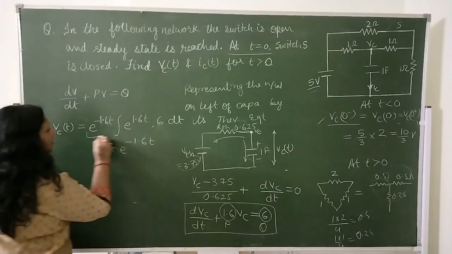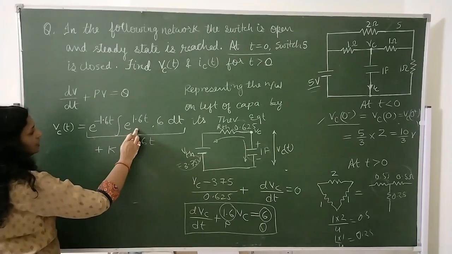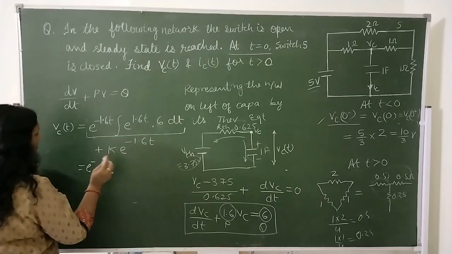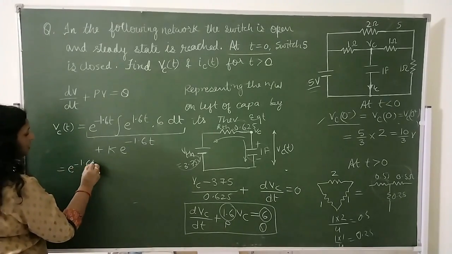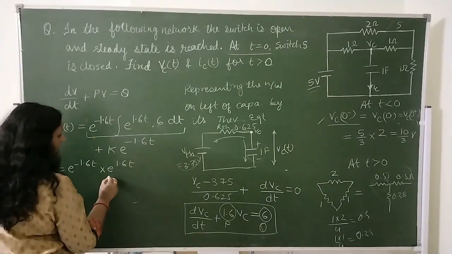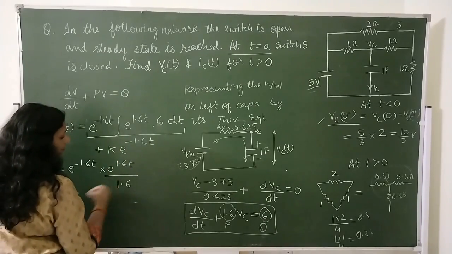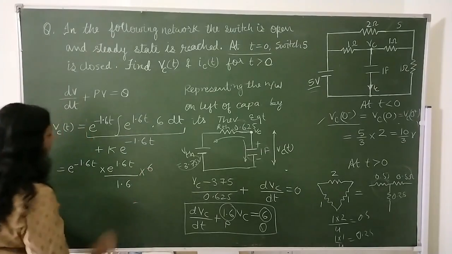Now we will solve the first term, that is e to the power minus 1.6t multiplied by e to the power plus 1.6t, divided by 1.6 since it is integration, multiplied by 6. So this is our first term.